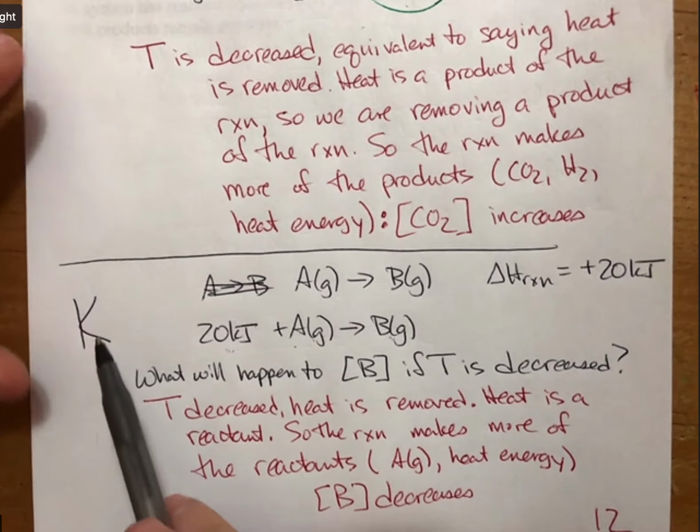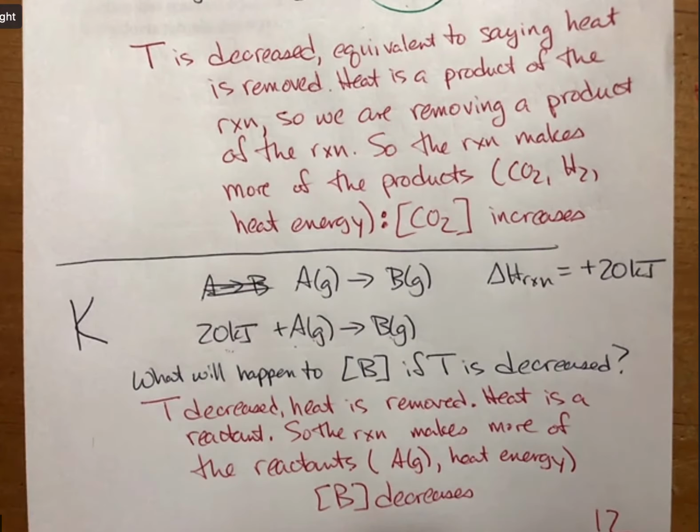I've said that in the videos, and now I'm saying it in the homework videos as well. But big K as a function of temperature is a little harder to get our heads around, but we can think of it in terms of Le Chatelier's principle like this.